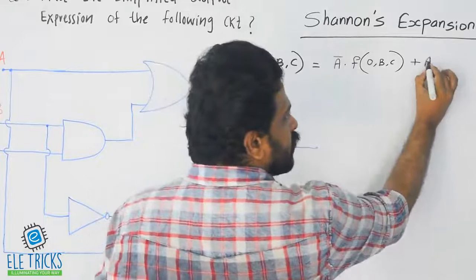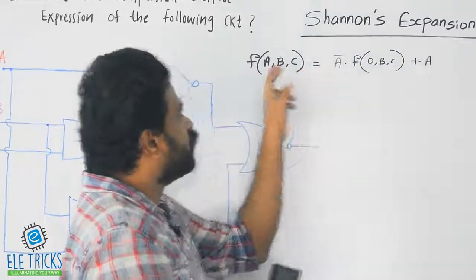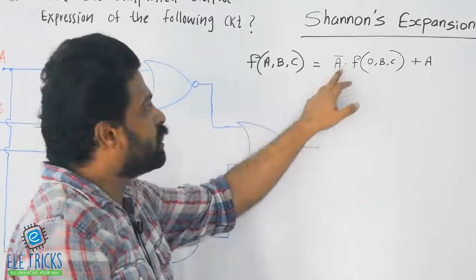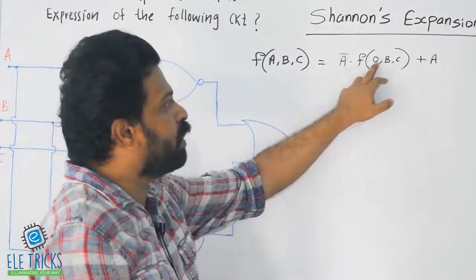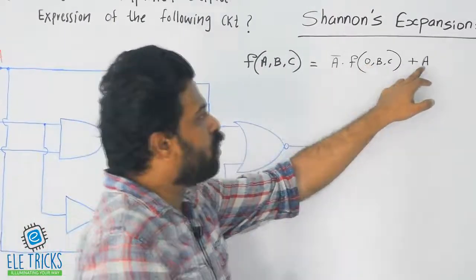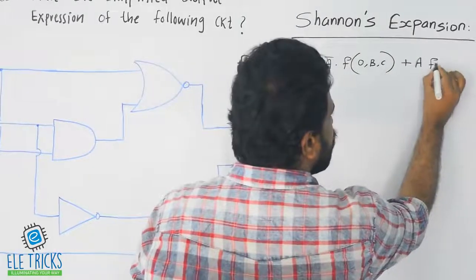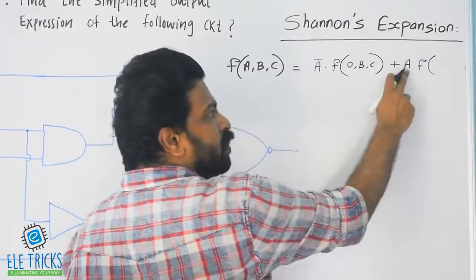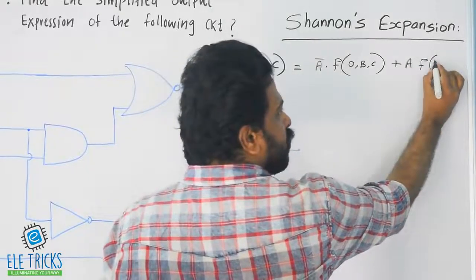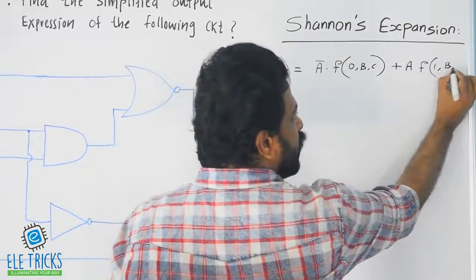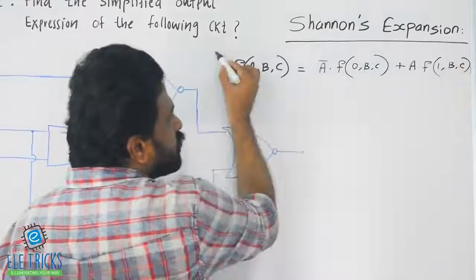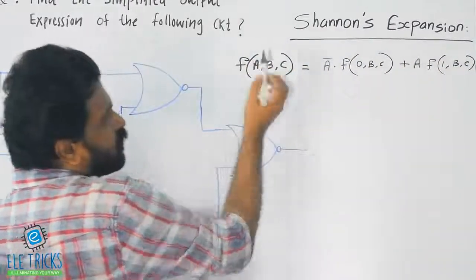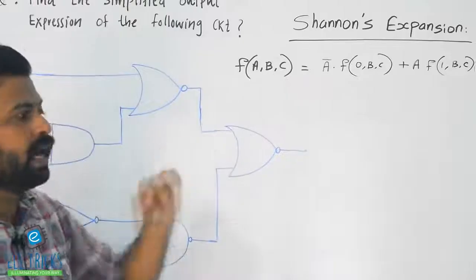So you are splitting it using a: first is complement of a times the function with a replaced by 0, then you take the normal form of a times the function with the variable a replaced by 1, with b and c as it is. So this is the Shannon's expansion statement, as simple as that.